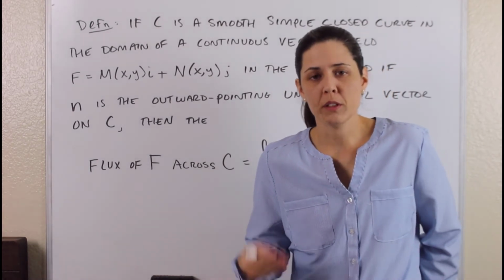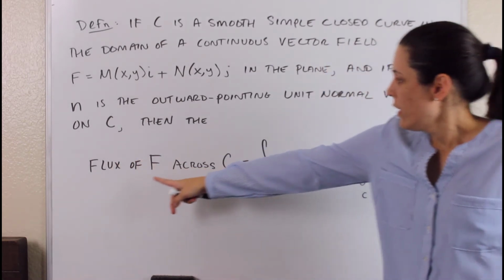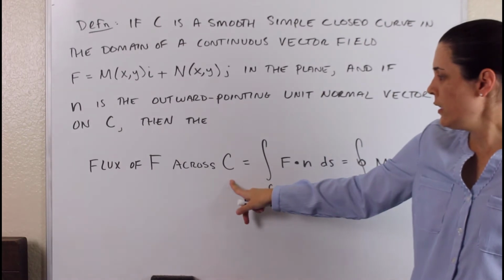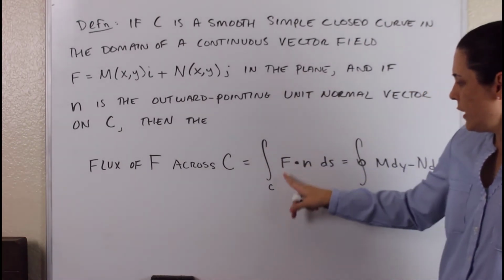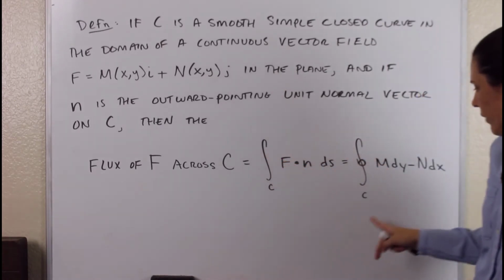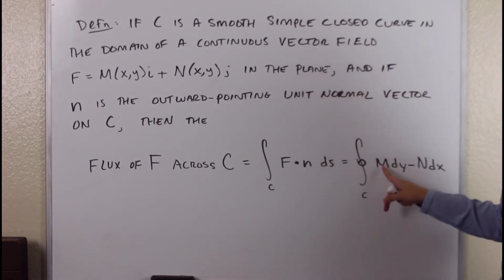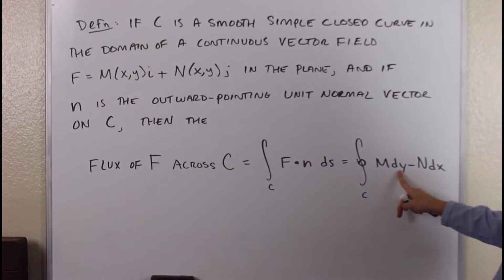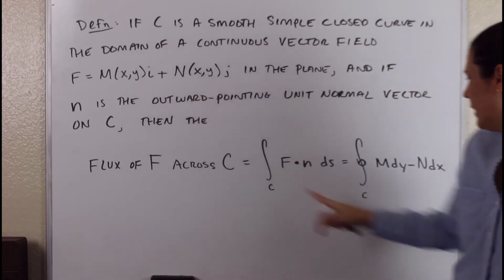Remember, normal is perpendicular or orthogonal. Then the flux of the field F across the curve C equals the line integral over your curve C of F dotted with n ds. And then the way we're going to evaluate it is actually to say the integral over C of m from your vector field dy minus n from the field dx.